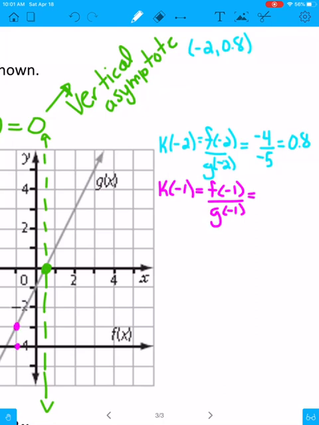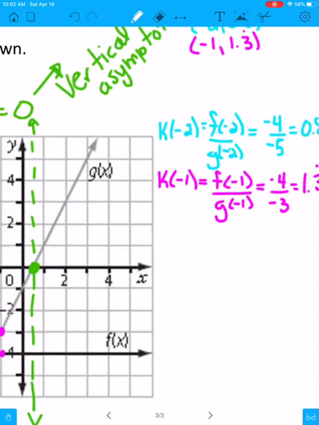G of negative 1 is negative 3. It's negative 4 over negative 3, which is 1.3 repeating. I'm only turning it to a decimal so I can graph them. Or if it would be a decimal that doesn't work out evenly, I would leave it as a fraction. So it's at negative 1, 4/3, but for the case of drawing, it's 1.3 repeating.